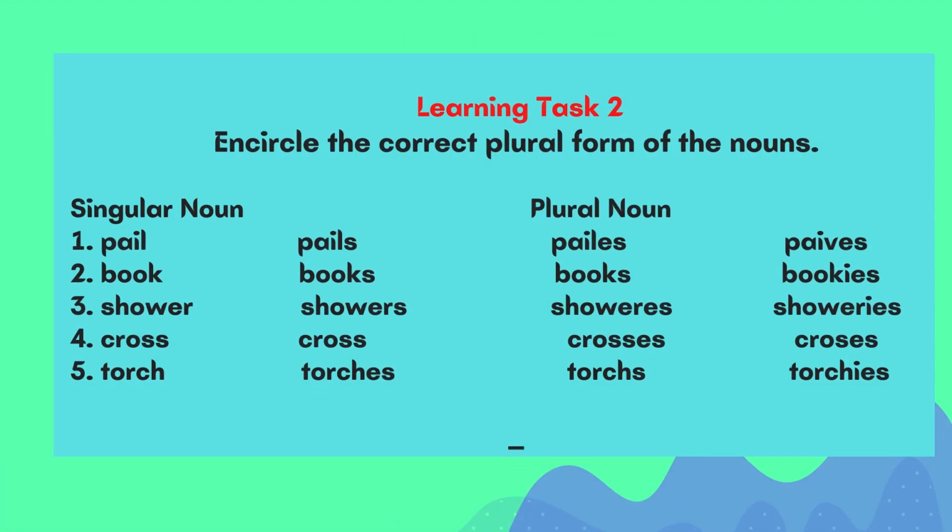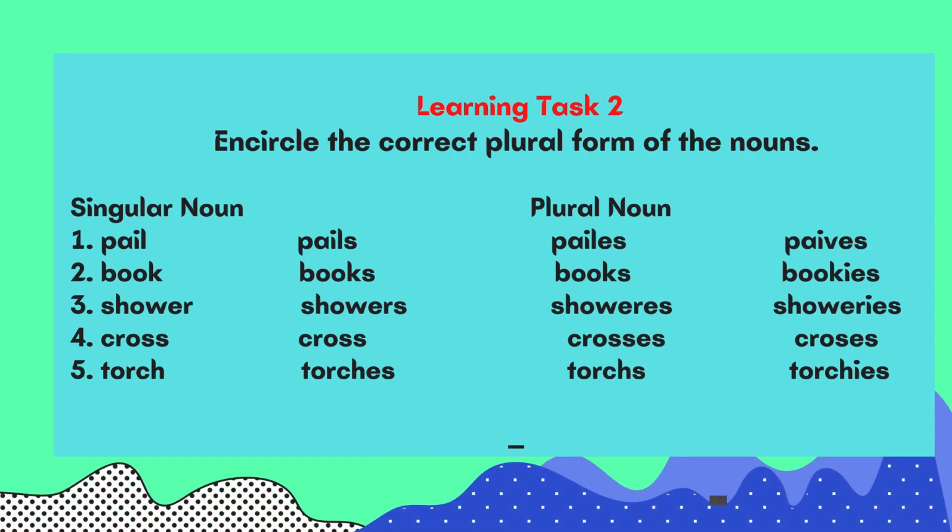Alright. Moving on to learning task 2. At the left, you can see the 5 singular nouns. And at the right, you can see the choices of their plural forms. So children, you are going to encircle the correct plural form of the given singular nouns.